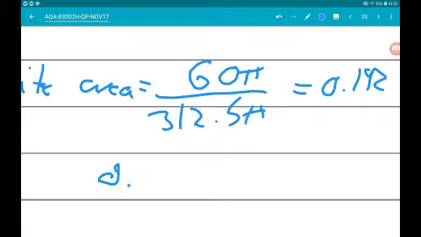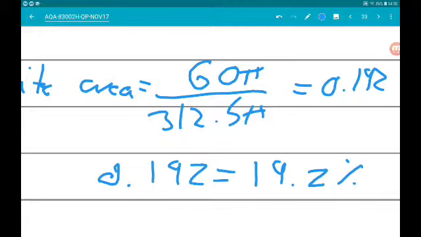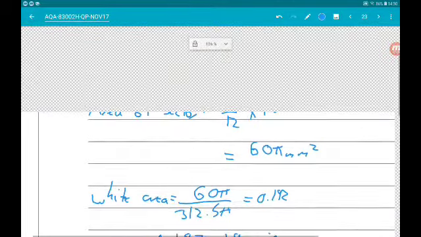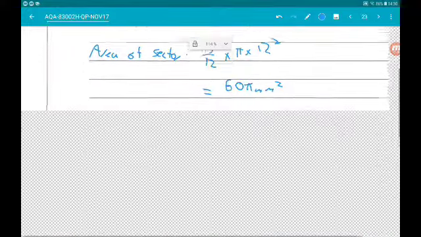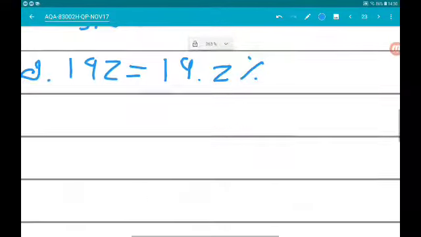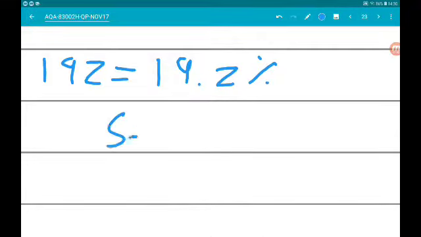Now 0.192 is 19.2%. So the question asked is more than 20% of the semicircle white? So the answer is no. Cool.